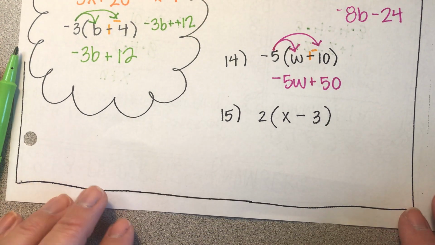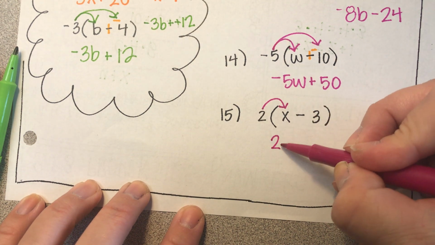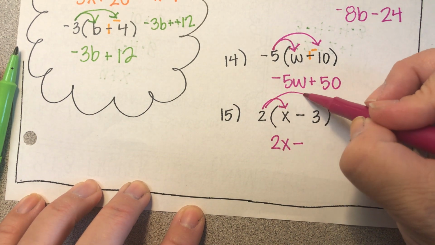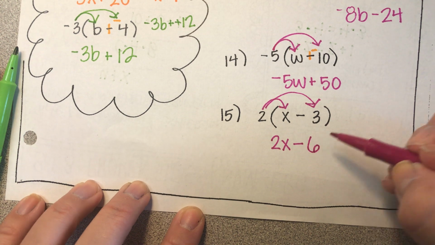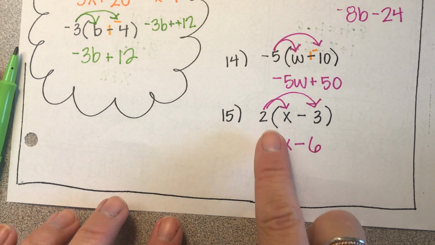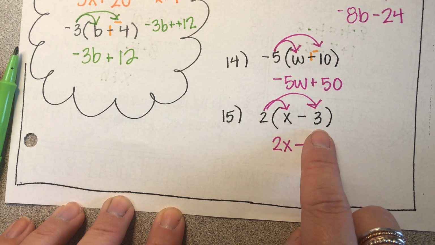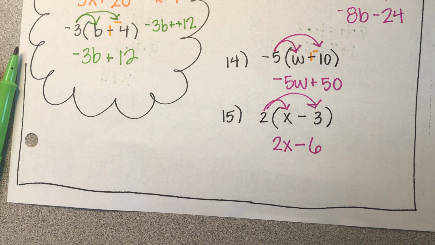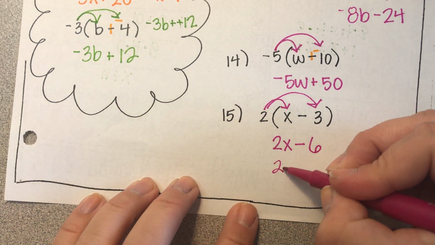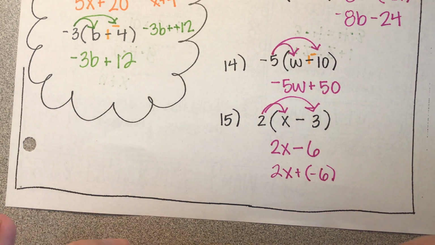And then number 15, 2 times x is 2x minus 2 times 3 is 6. Now I did not keep, change, change that one, because this was a positive number, so I know it's just going to end up being a positive. If you had done keep, change, change, which would have been fine, you would have gotten 2x plus negative 6, which means the exact same thing.